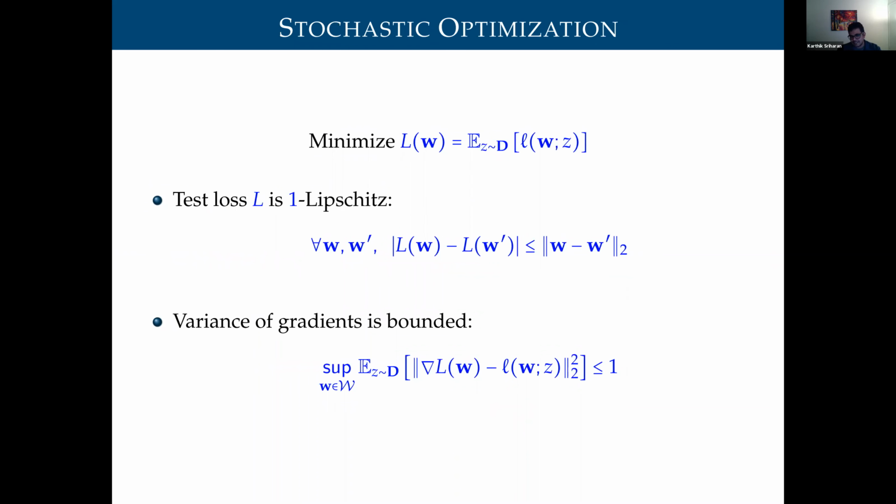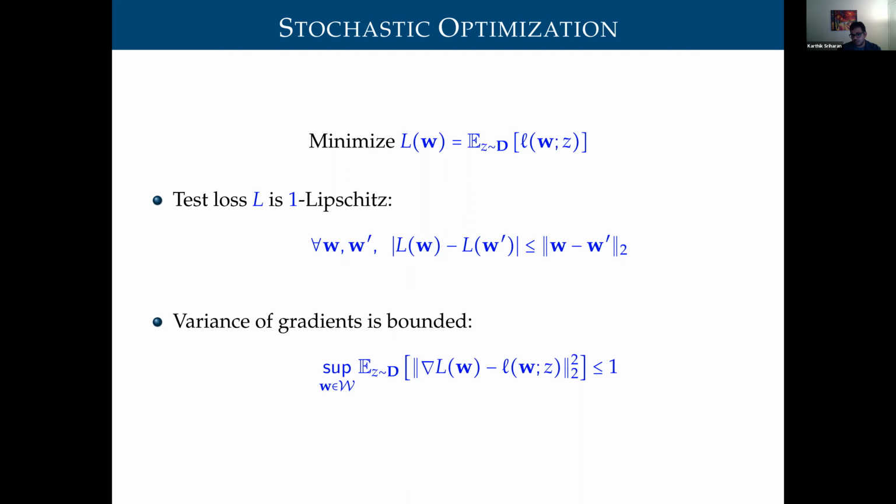And a lot of the message that I'm going to give you will work even when it's not Lipschitz, but it has other properties. But for now, let's just think about the test loss as being Lipschitz, which means that when I look at two model parameters W and W prime, their loss difference is upper bounded by how far away these two parameters are with respect to each other.